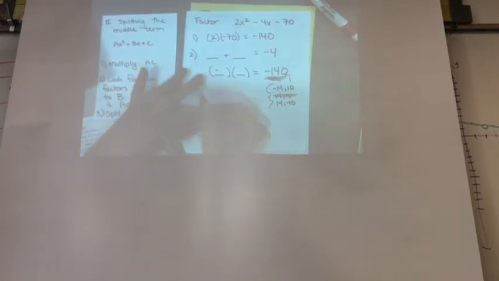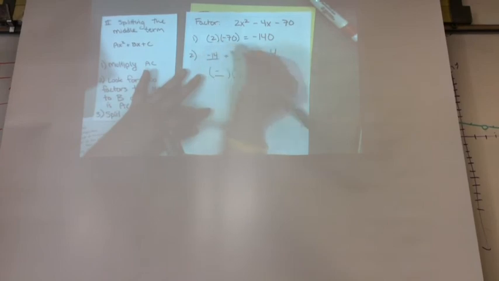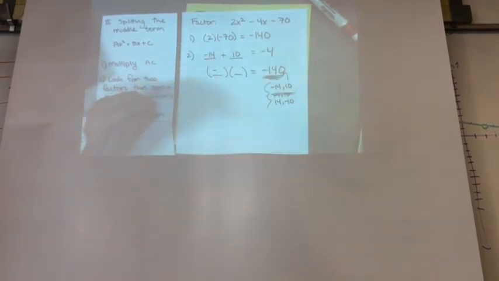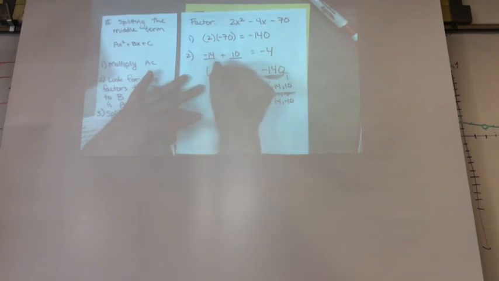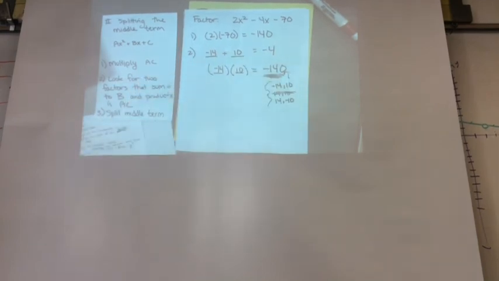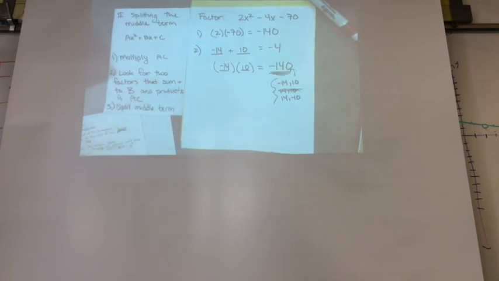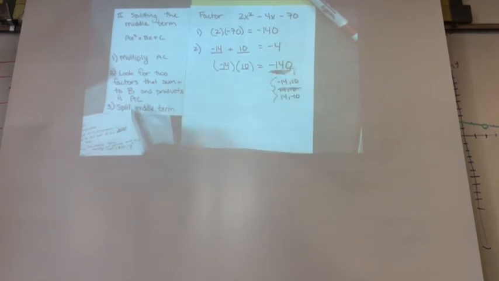So what I can put is negative 14 and 10. That will add to negative 4, and negative 14 and 10 will multiply to negative 140. So again, we're looking for two factors that sum to b, or negative 4, and multiply to ac, which was negative 140.